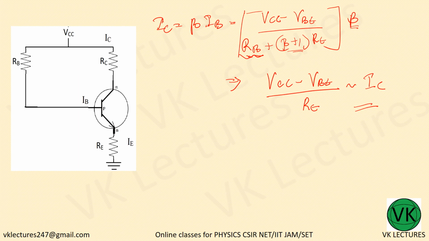Now here you have VCE. To the output, if you apply KVL, what you are getting? VCC equal to ICRC plus VCE plus IERE.